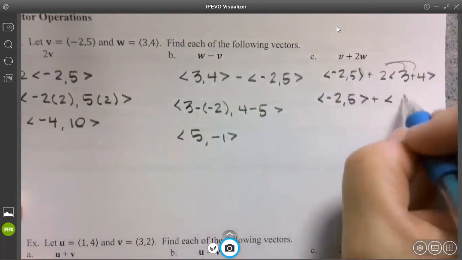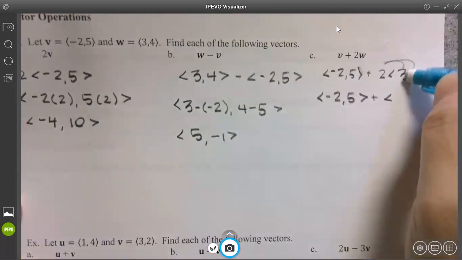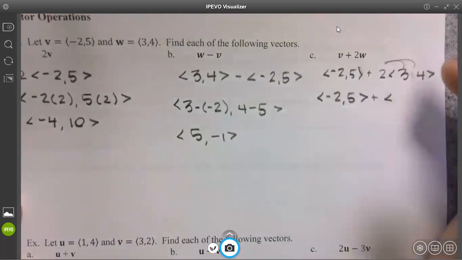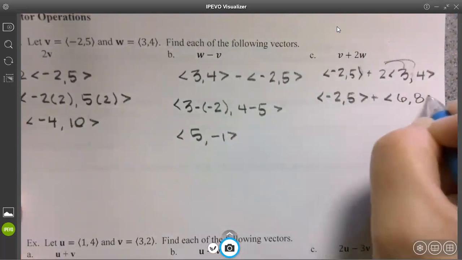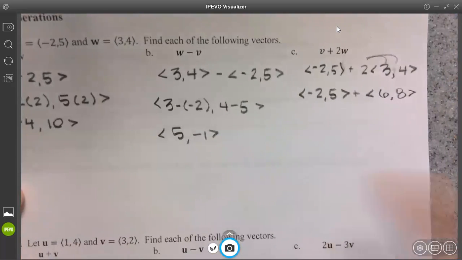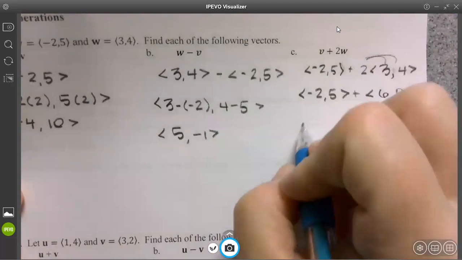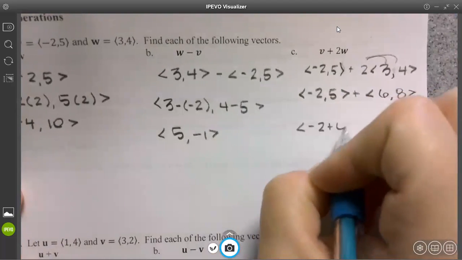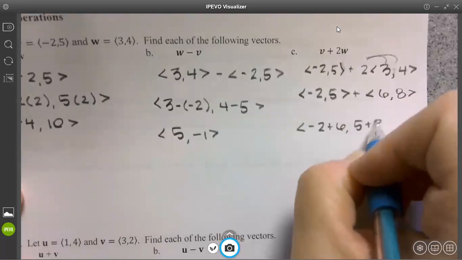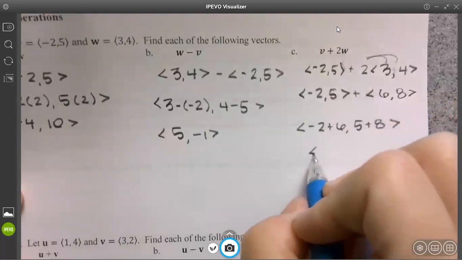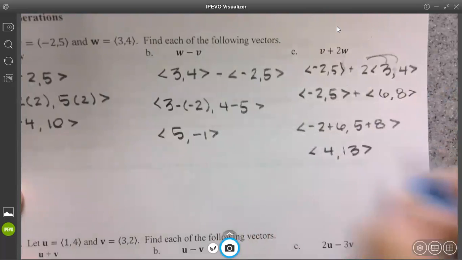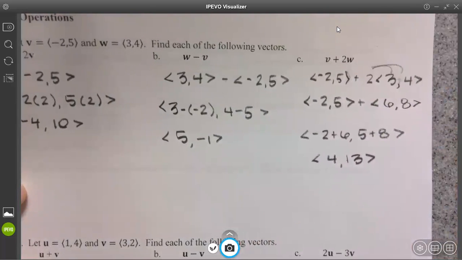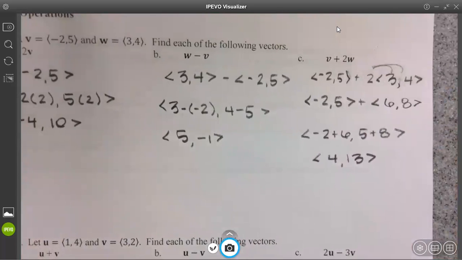So when I distribute that in, I get 6, 8. And then you just add them like normal. So negative 2 plus 6 and 5 plus 8, which gives you 4 and 13. So again, follow order of operations just like normal.